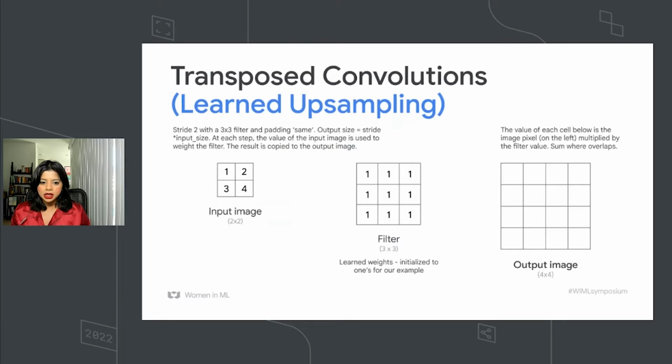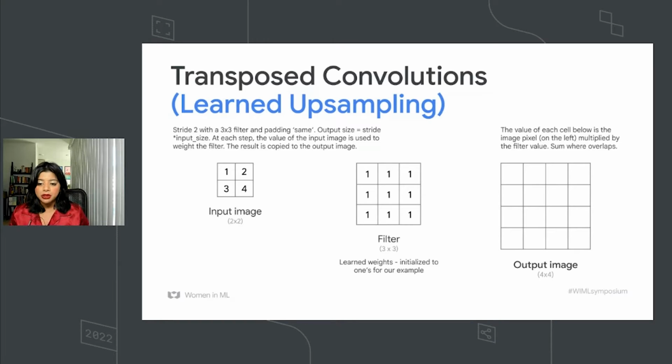And now we can move on to talking about transposed convolutions, or learned upsampling, or deconvolution. There are three different names that you can use interchangeably for it. An important thing to note is that the output size equals the stride multiplied by the input size.